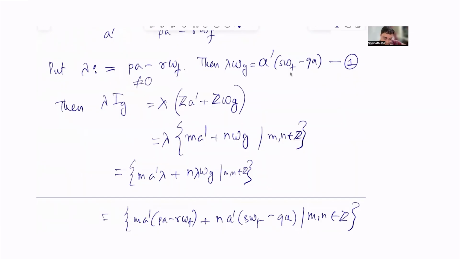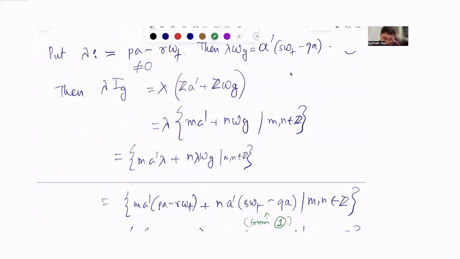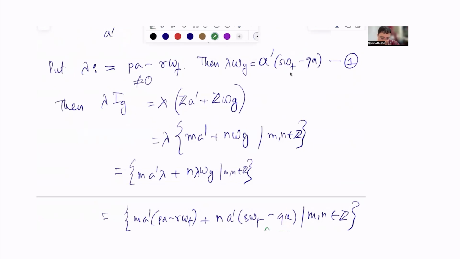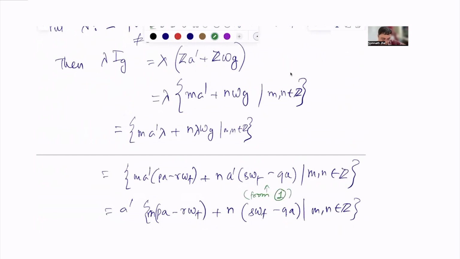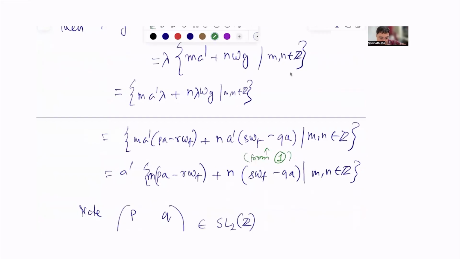I'm just putting in this value, from 1. So lambda times omega g is this equation 1 I used. So a prime comes out on both sides: a prime into m times pa minus r omega f plus n times s omega f minus qa, m, n in Z.